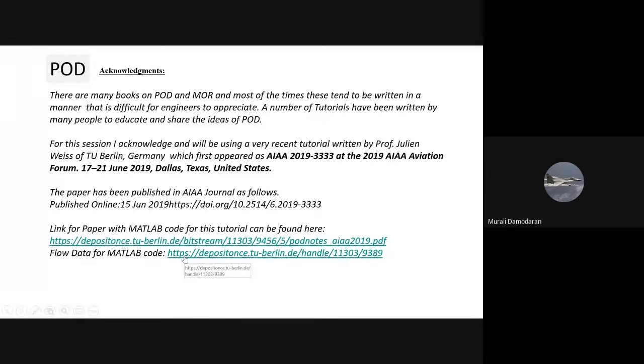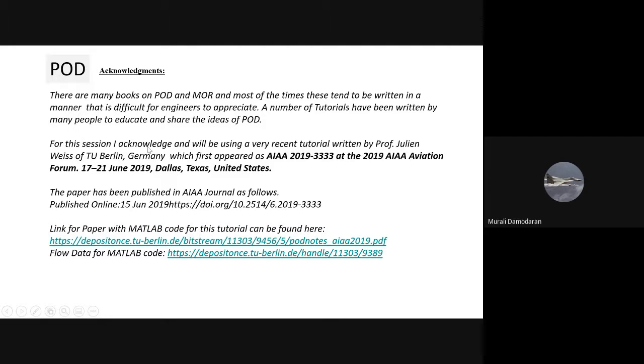One of the first tutorials I read was written by a person who just graduated with a PhD from the US and is now a professor at IIT Kanpur, but the example used was mechanical systems. I was lucky enough to come across this other tutorial.